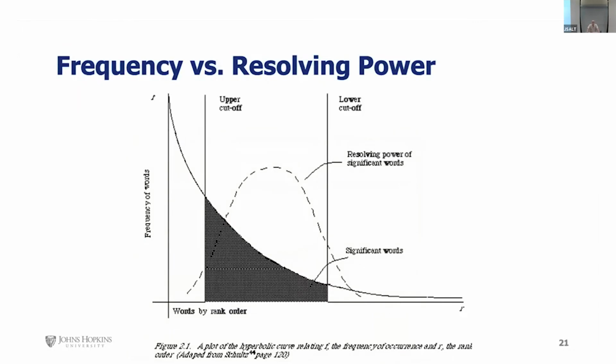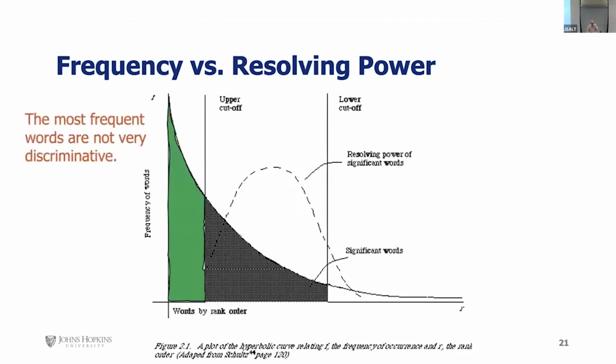So when we're talking about word frequency, from a retrieval perspective, not all frequencies are equal. So here we have again a plot of words in rank order against frequency of the words. This is not a log-log scale, so that's why it's not a straight line. But we see here over the left the most frequent words, like the, a, and, they're not very discriminative.